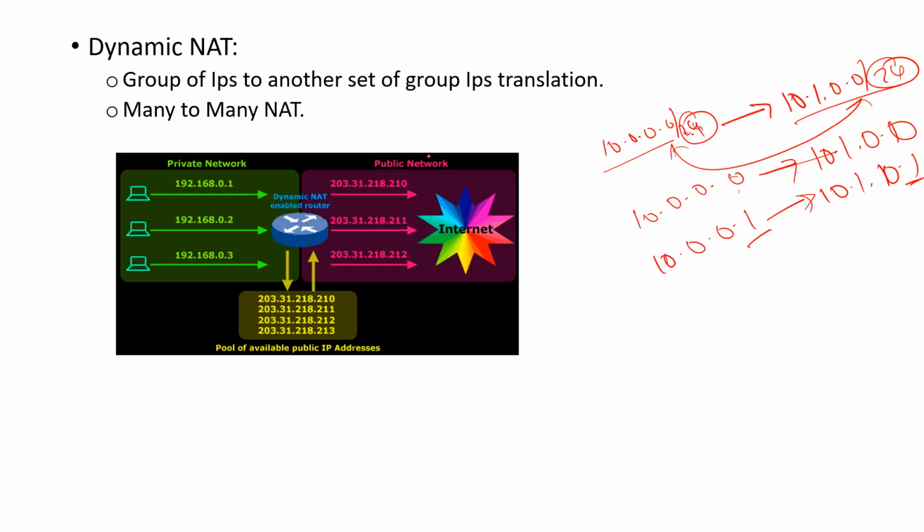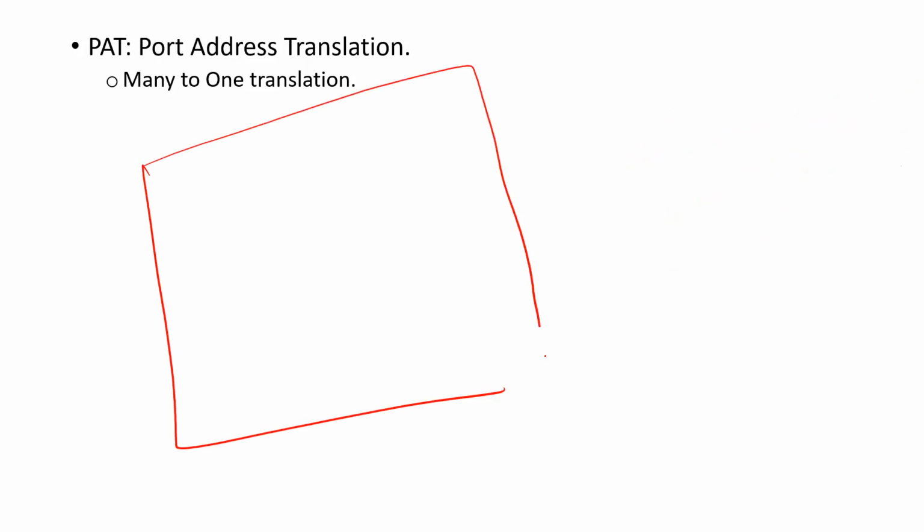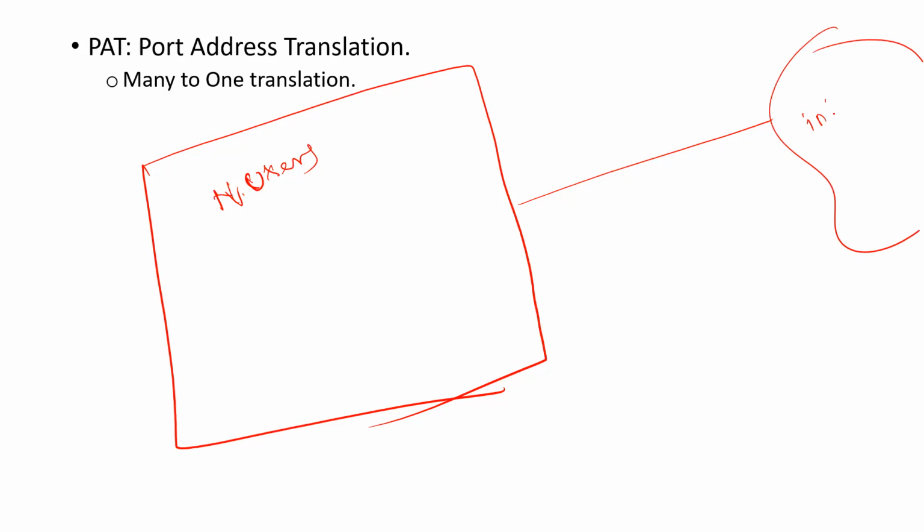And we have one more NAT called port address translation, which is many-to-one translation. Many to one in the sense that this is your organization, and there will be n number of users. When they want to access the internet, each one is assigned a private IP address.